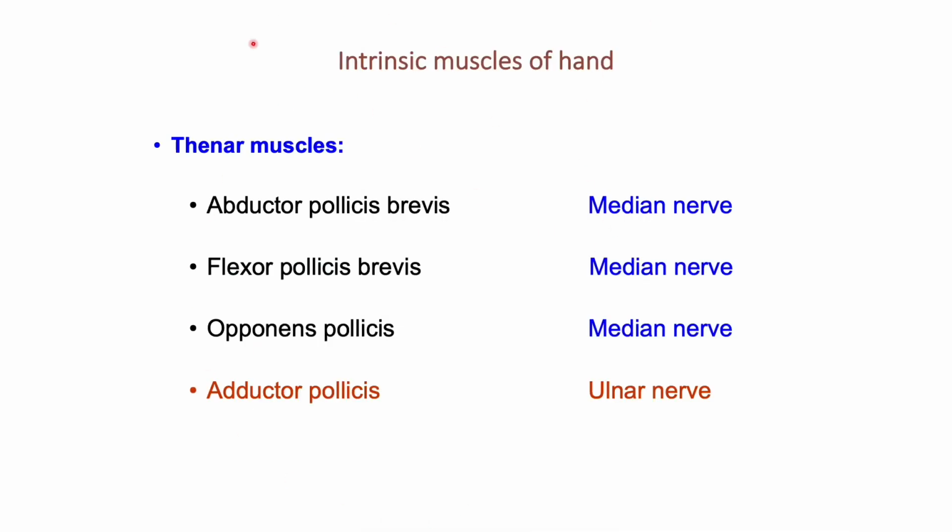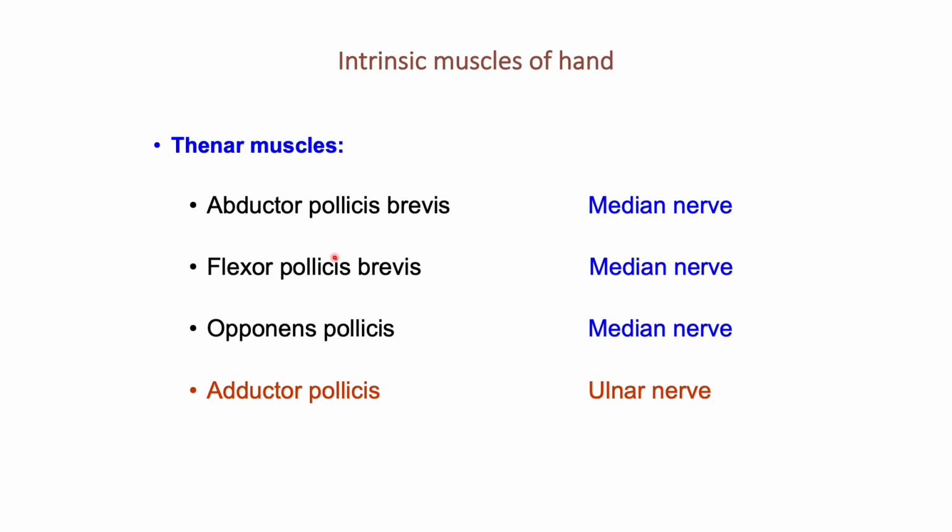So the thenar eminence which you see on the palmar aspect of the hand is due to the presence of the thenar group of muscles, which includes abductor pollicis brevis, flexor pollicis brevis, opponens pollicis and adductor pollicis. The name pollicis tells us that these muscles are mainly acting on the thumb.